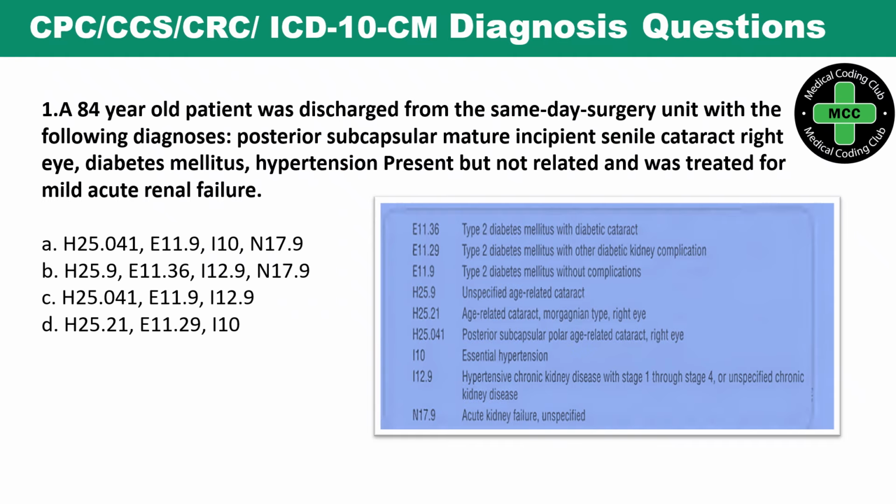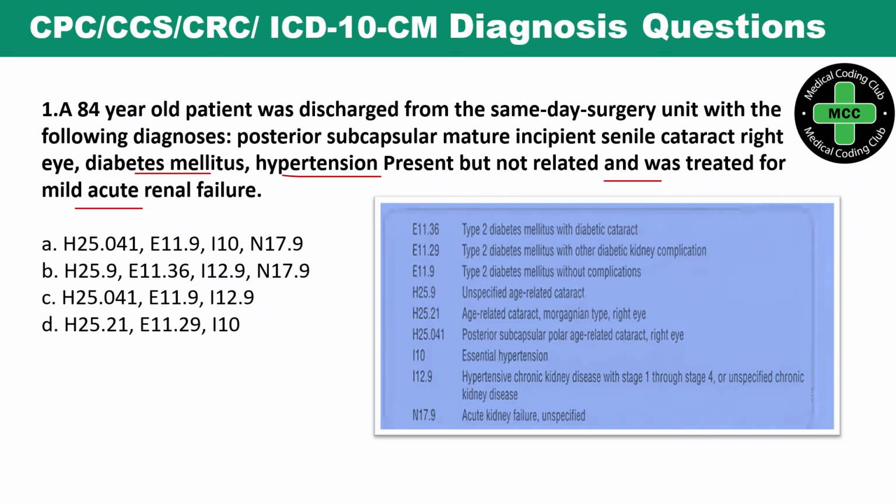So here we have our first question. An 85-year-old patient was discharged from the same day surgery unit with the following diagnoses: posterior subcapsular mature incipient senile cataract right eye, diabetes mellitus, hypertension present but not related, and was treated for mild acute renal failure.